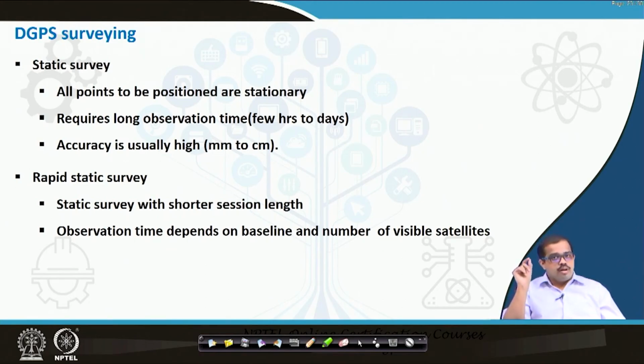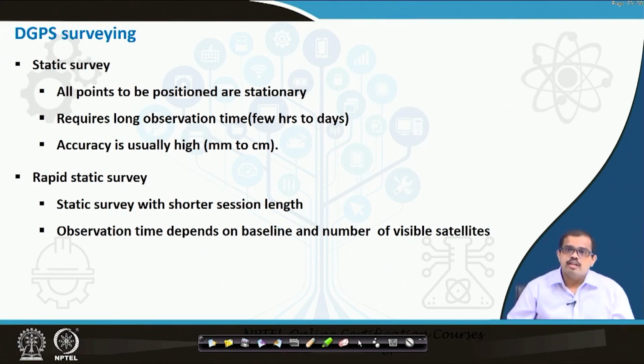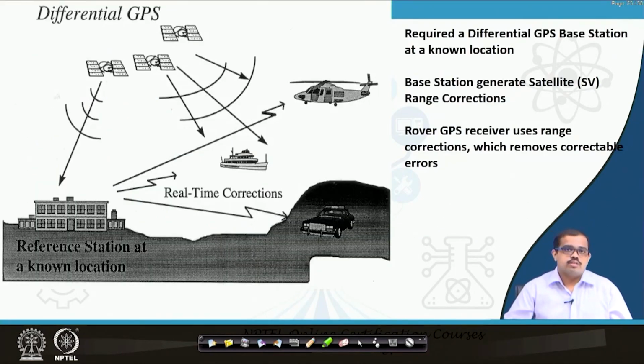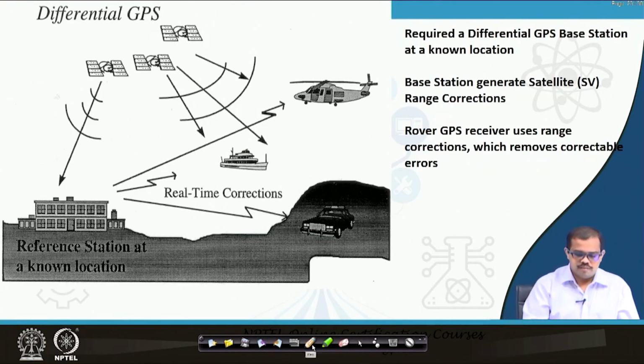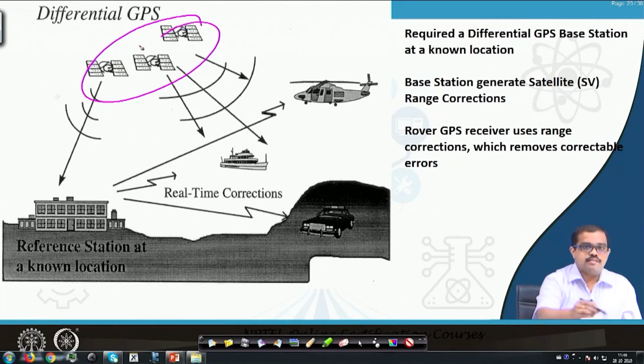The visible satellites are extremely important in a rapid static survey, whereas in a static survey that may not create much of an issue. Normally, for a rapid static survey, we say at least 4 satellite signals must be there for measurements.